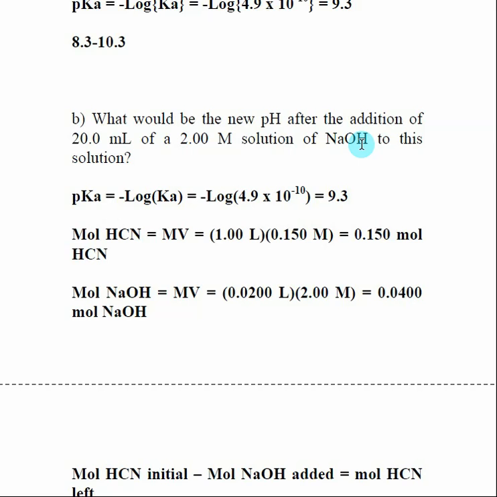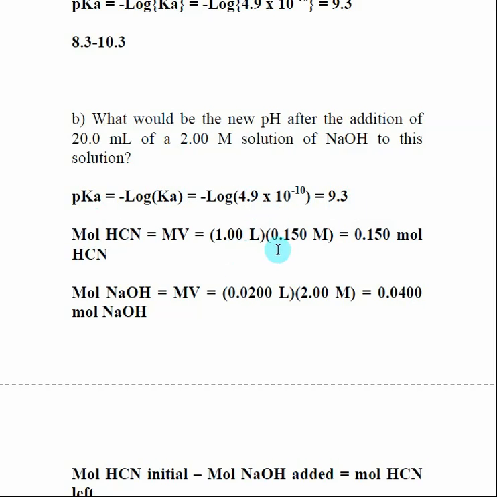So when I do this titration, the first thing I want to do is figure out how many moles of each species I have. Regardless of whether I'm doing a strong acid strong base or a weak acid strong base titration, that's always what I do: I find the number of moles of each species and use those moles to find out where I'm at inside of my titration curve. Here I'm going to need the pKa in a little bit, so we've already found that.